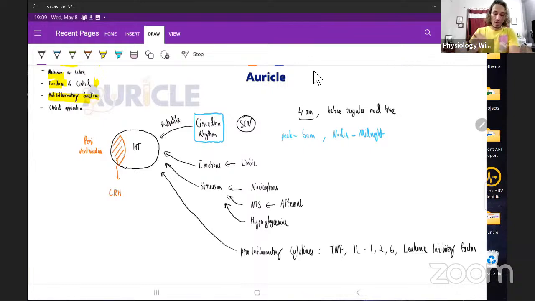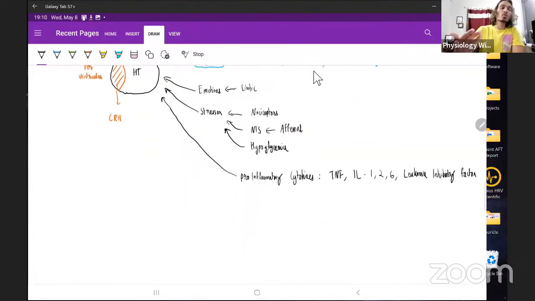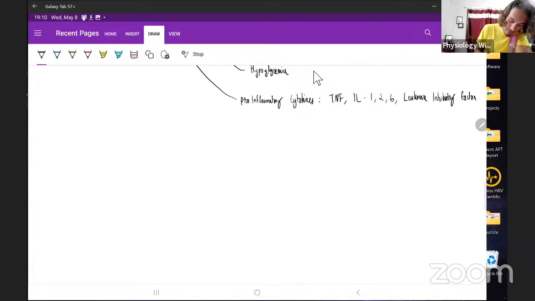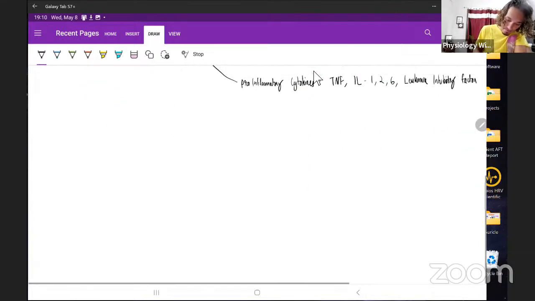Now that corticotropin releasing hormone is done, it has to go and act at the level of your anterior pituitary. So we'll just draw your anterior pituitary over here.